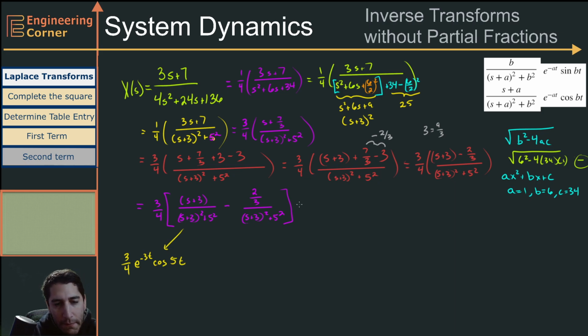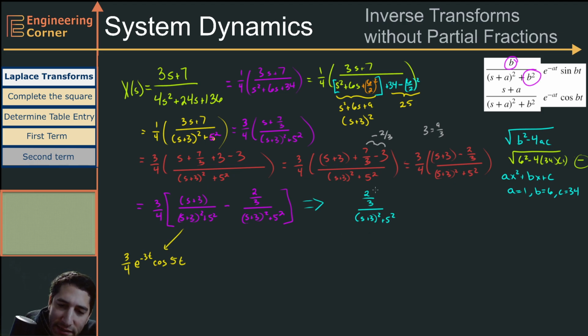So I'm just going to sort of isolate the second term right here. So the second term is going to be 2 over 3 times s plus 3 squared plus 5 squared. What can I do? Well, I need to add in a term. If I look at this, I have a b term and I have a b squared term.